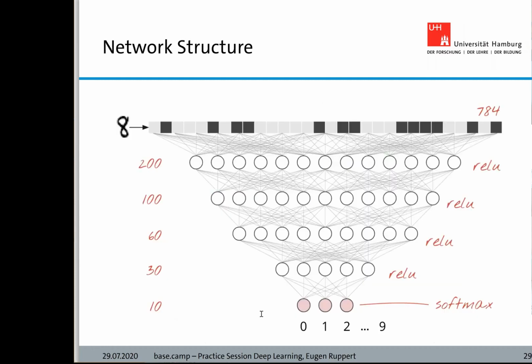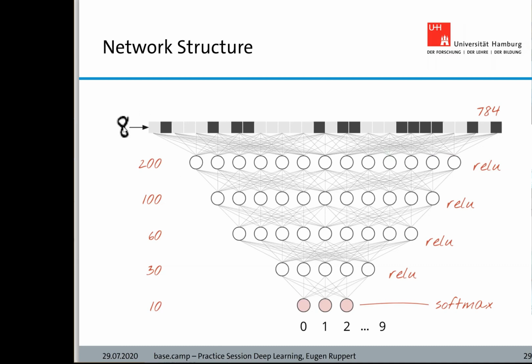Okay, since this is also a practical talk, maybe you want to see how you should design your network. The structure that it should have is something like a funnel. You're starting with maybe a lot of input features, and then you are reducing them subsequently more and more, so that at some point you arrive at your classification.